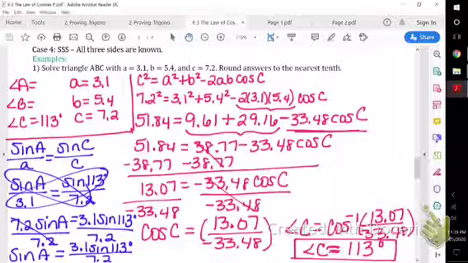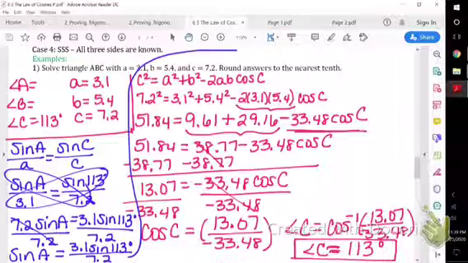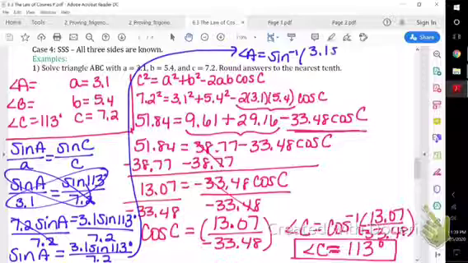But then remember, to do an angle, we're going to do the inverse. So angle A is going to be equal to the inverse sine. That was not a good location to do that. So you know what? I hate to do this, but I'm just going to draw a line and bring it up here. So we know that angle A is equal to the inverse sine of 3.1 sine of 113 degrees all over 7.2.